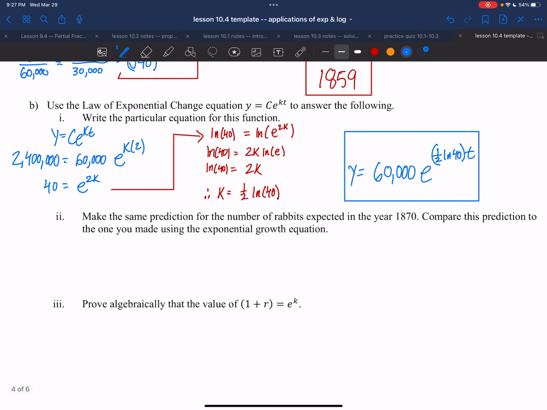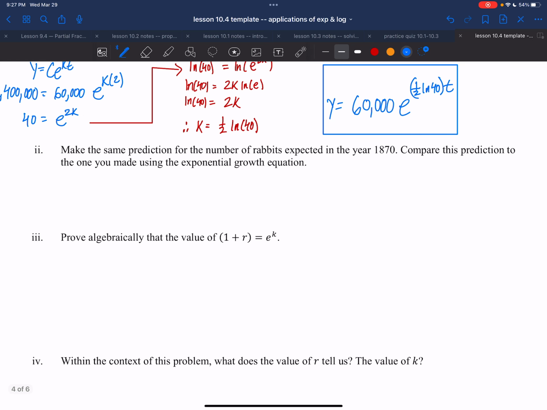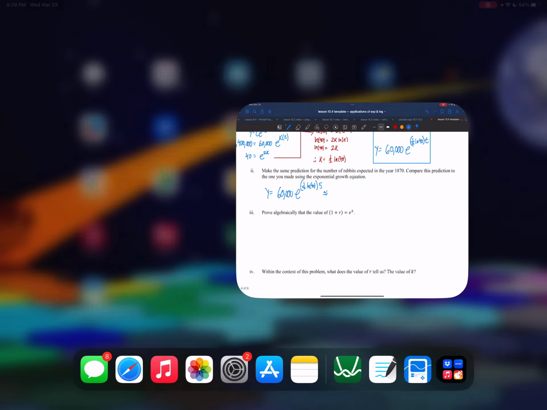Okay. Now let's make the same prediction here, and we're going to compare this one. So we just say y equals 60,000 e to the 1/2 natural log 40 times t, which is, let's see, it was 5 years, right? And so we will say that this is roughly, we're going to round to the nearest whole rabbit.